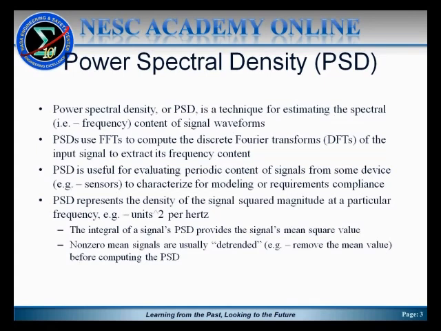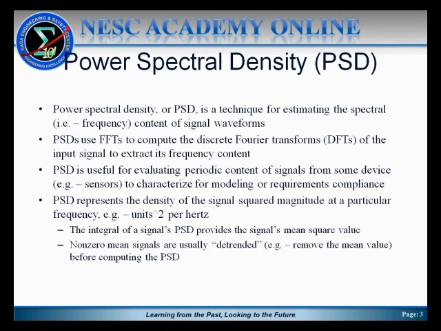The PSD represents, per its name, power spectral density. It's the density of the signal squared magnitude at a particular frequency. And it's typically presented as a plot or a graph of PSD units squared per hertz versus frequency.